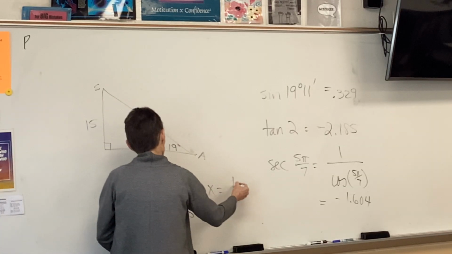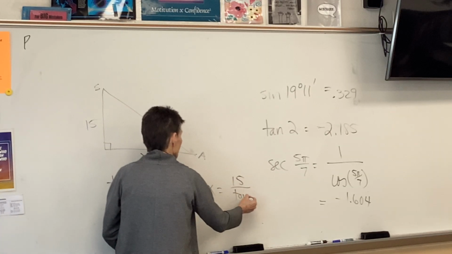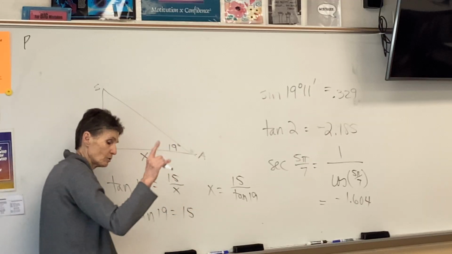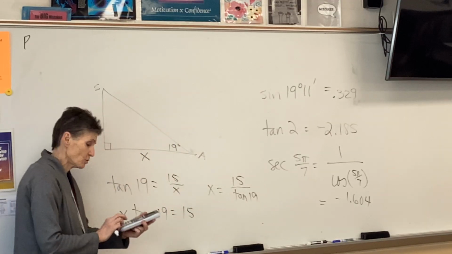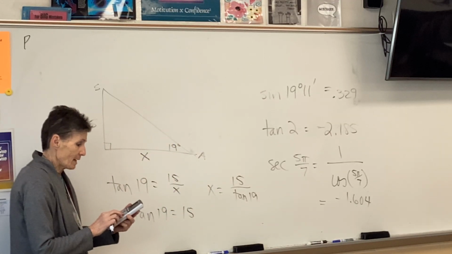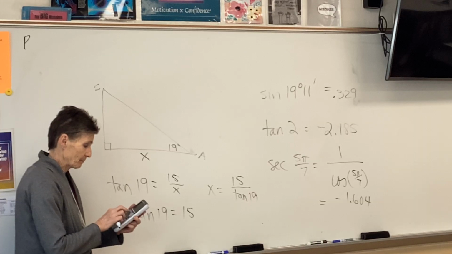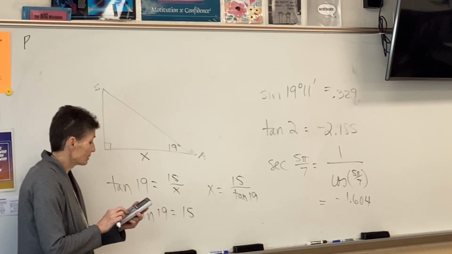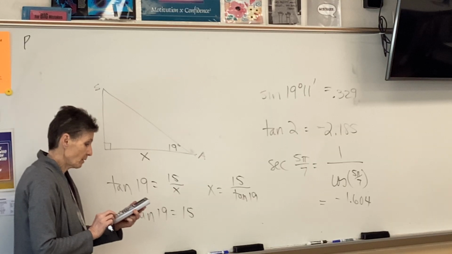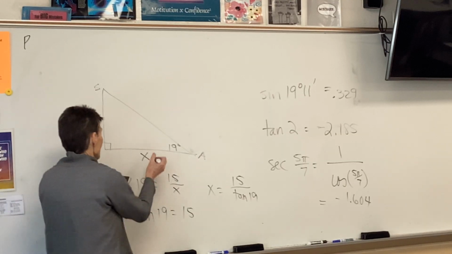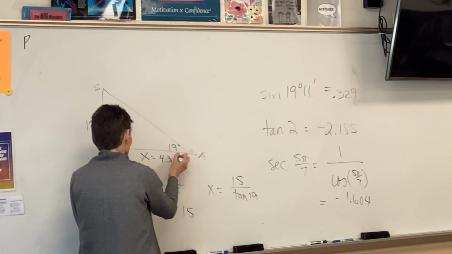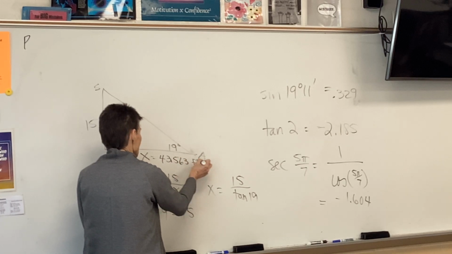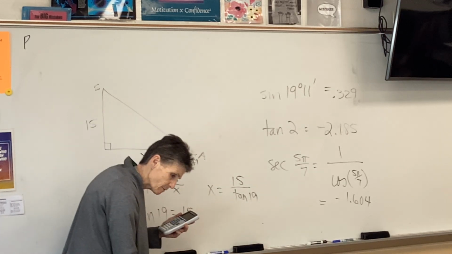And x will equal 15 over tan 19, but you're in degrees, guys. Make sure you changed your calculator back in the degrees. Nothing is worse. Typing it all right, getting the wrong answer. I got 43.563 meters.